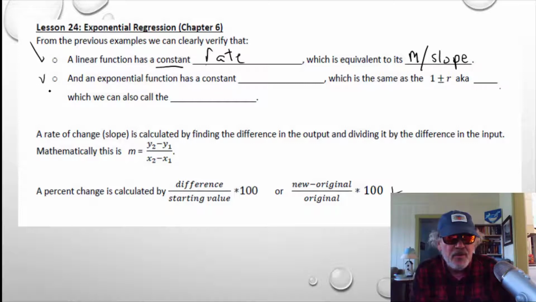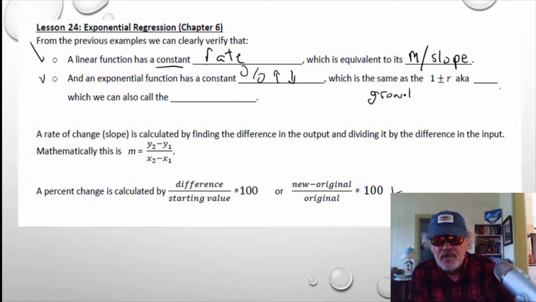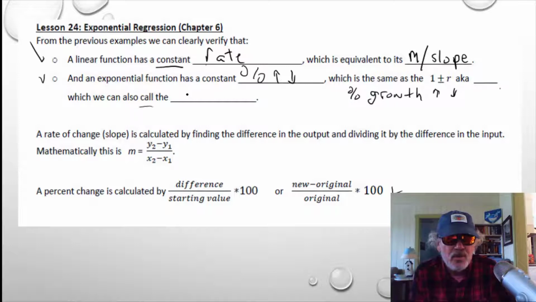An exponential function has a constant percent increase or decrease, which is the same as 1 plus r, aka the growth factor. The percentage growth increase or decrease is also called the factor.